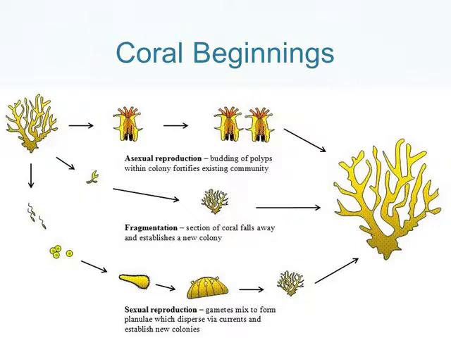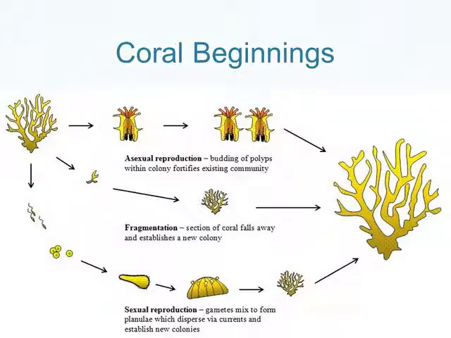Hopefully they fertilize a sperm or an egg from a different coral head. Then it turns into a planula, and then eventually it tries to find someplace suitable to land. And once it finds someplace suitable that hasn't already been occupied, it will metamorphose into a mini coral and start growing.